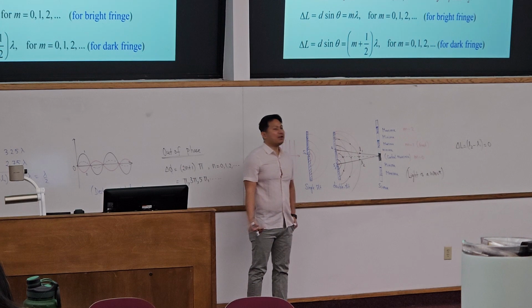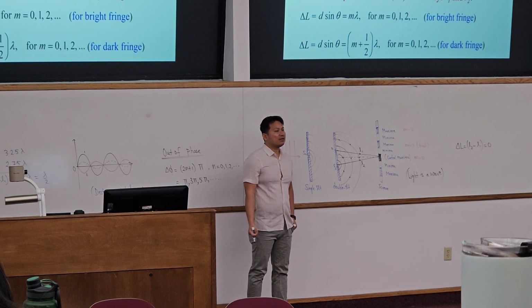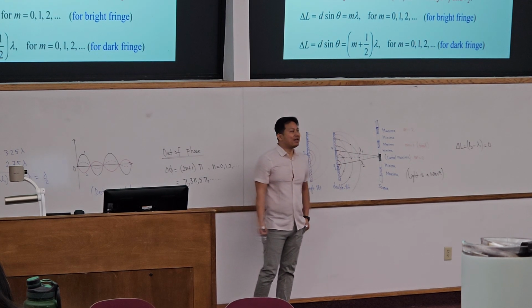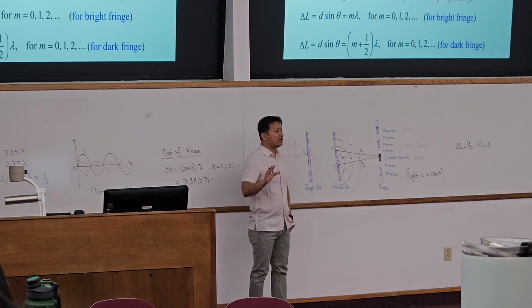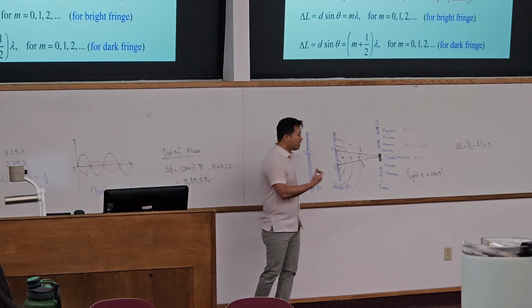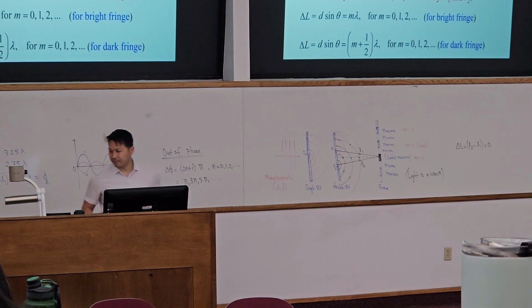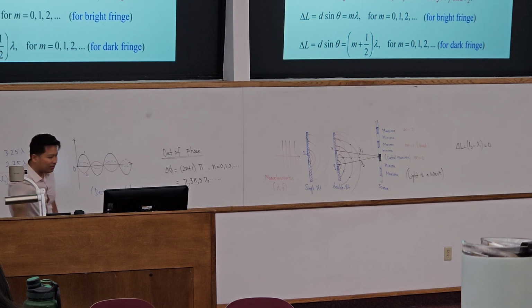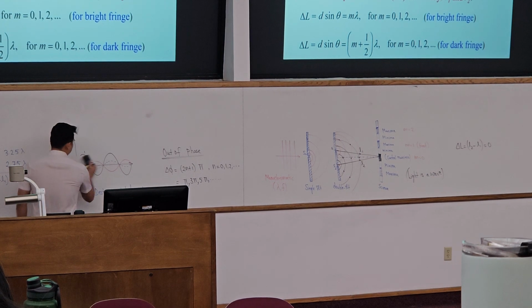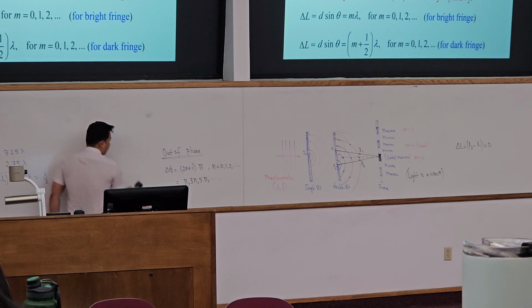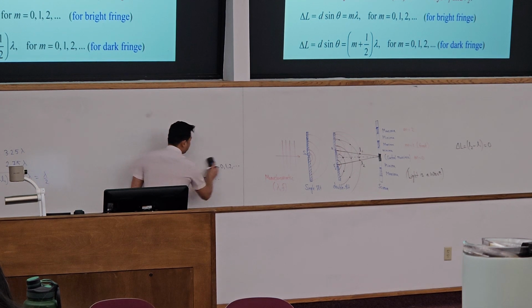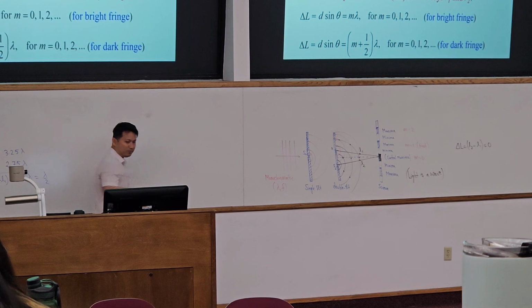Whenever you derive something like a formula, the formula has to be valid for any point on the screen. Okay? So later on, he derived a formula that is valid for any point on the screen. So if the formula is valid for any point on the screen, then you can predict whether the given point on the screen is going to be maxima or minima. So let me go a little bit faster because I have like 1.5 hours, so I want to finish this one.